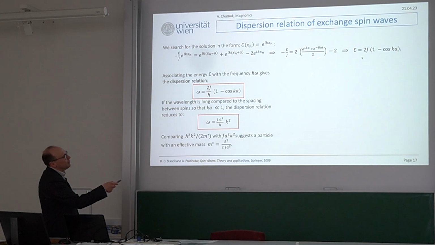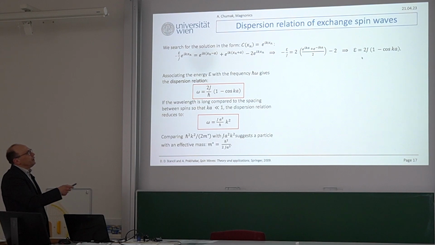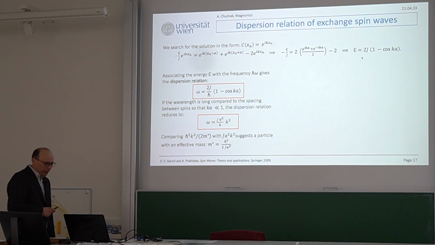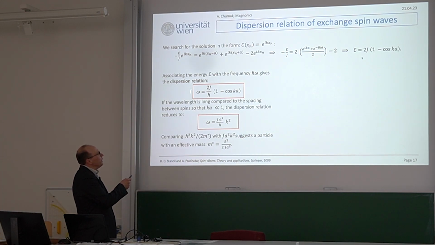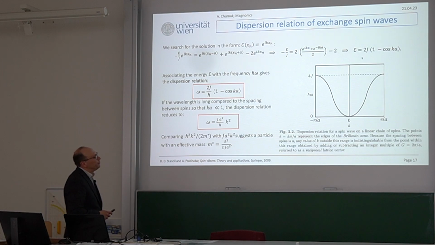These two exponents will give you cosine, and if you take into account that energy is nothing else than ħω, you can finally get the dispersion relation for exchange waves in the chain, which is equal to J over ħ times (1 minus cosine ka).